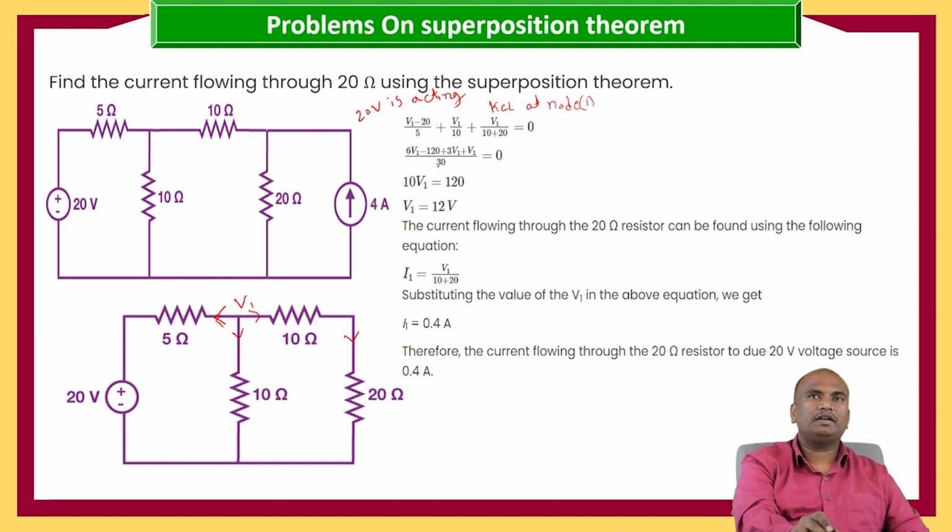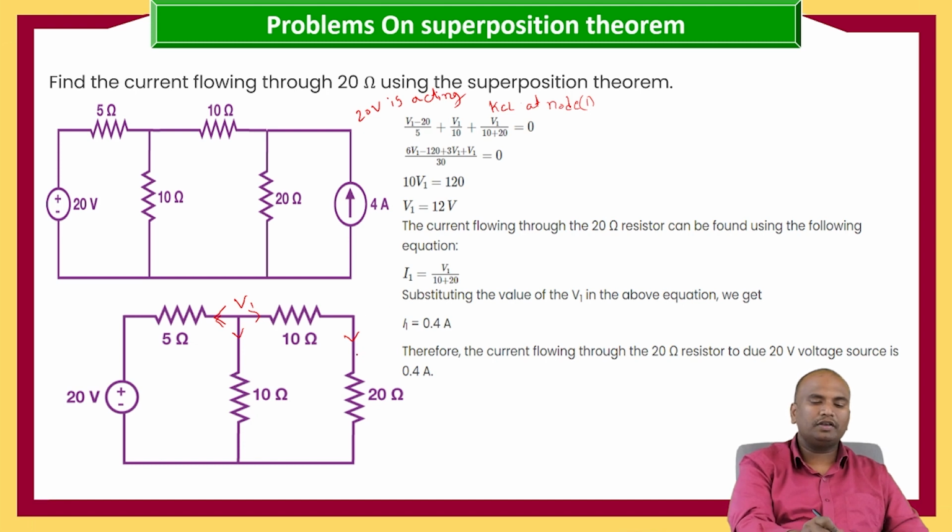Here we are going to get 6V1 minus 120 plus 3V1 plus V1 by 30 equals 0. Here 10 into V1 is equal to 120, where V1 is equal to 12 volts.